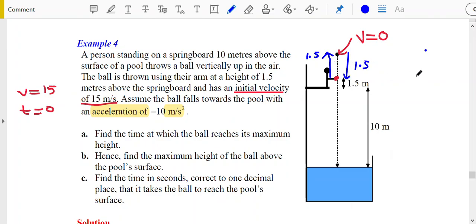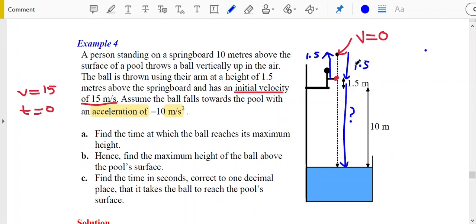Okay. Then we could just figure out, all right, how long will it take to go from here back down to the pool surface? So this time right here with a question mark is what we need to find.